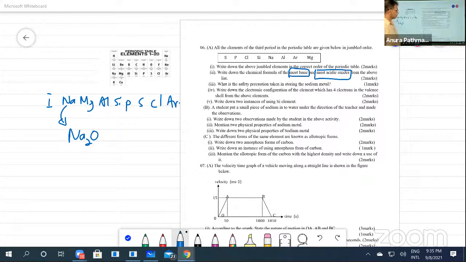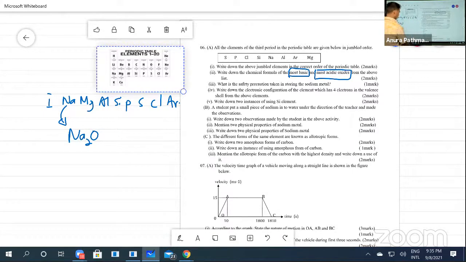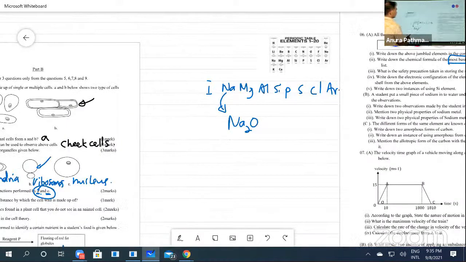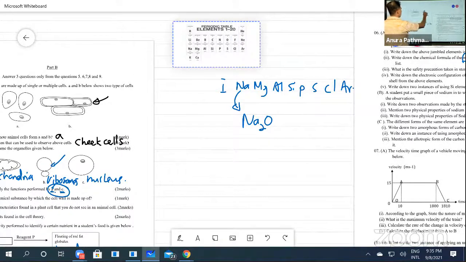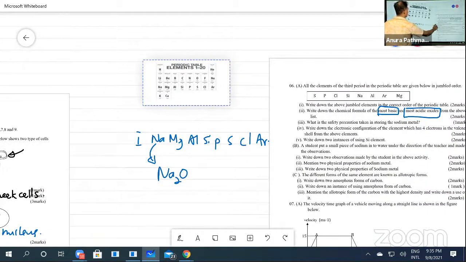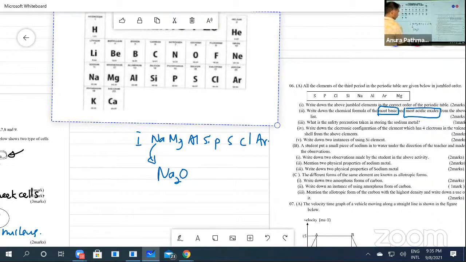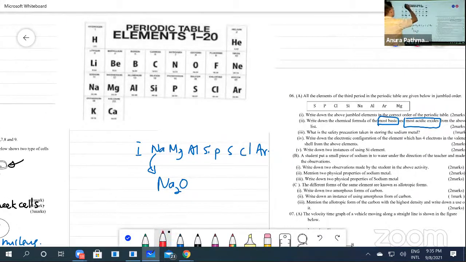But one thing is here. When you come to the periodic table, the metals, that means lithium, beryllium, aluminium, calcium, sodium, magnesium, they make the basic oxides.